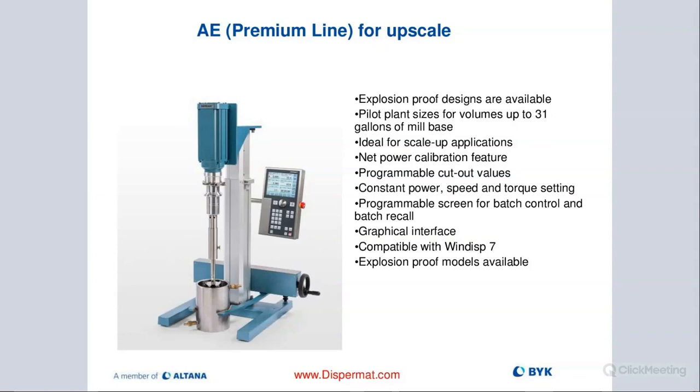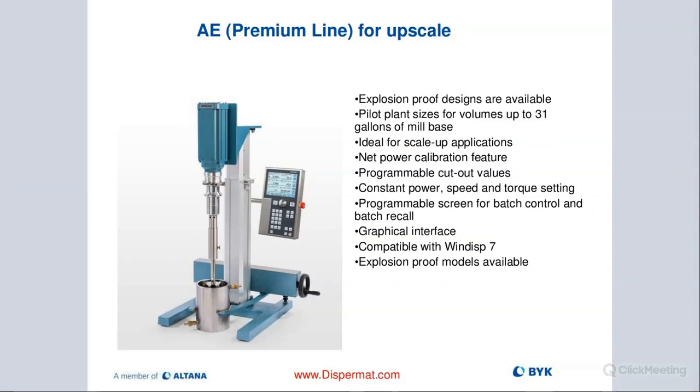If my viscosity decreases, my speed would increase because I'm maintaining the 1000 watts of energy. And that's also a really nice way of upscaling, because it allows me to calculate how much money it costs me to run this process in a manufacturing environment, because I know exactly how much energy I will be needing to process this material.